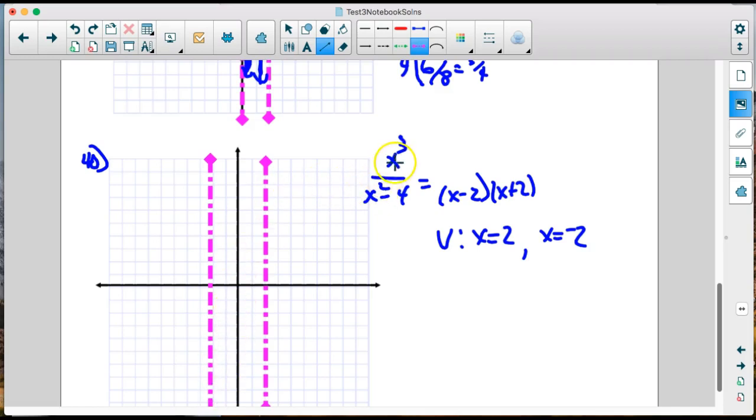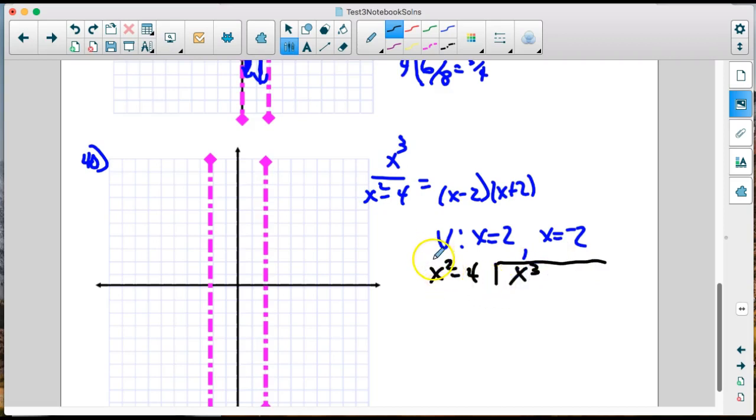Okay, we have a horizontal asymptote here. Since the numerator is larger than the denominator, we would do long division here to find out that horizontal asymptote. X squared minus 4 divided into x cubed.